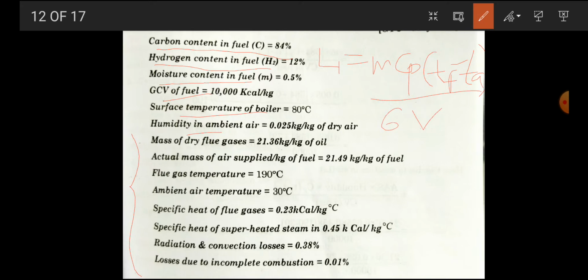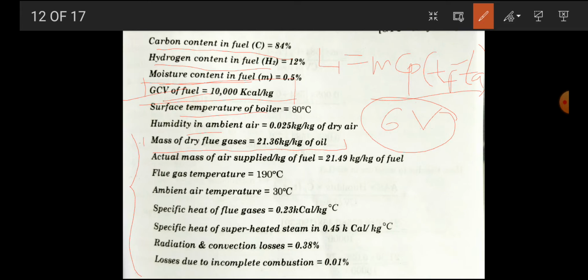Here the CV of the fuel is given, which we are going to use again and again, that is 10,000. Next, m Cp. What is m? m is the mass of dry flue gases, which is given as 21.36.